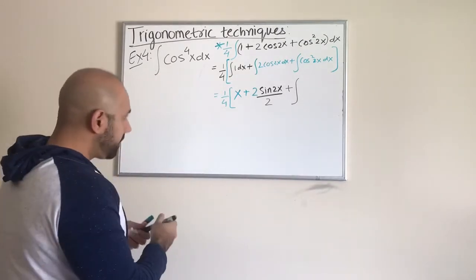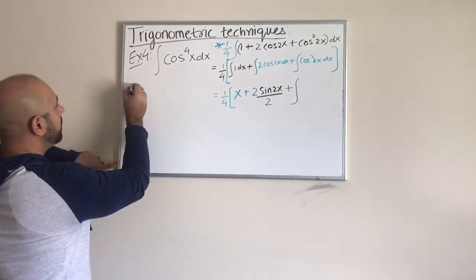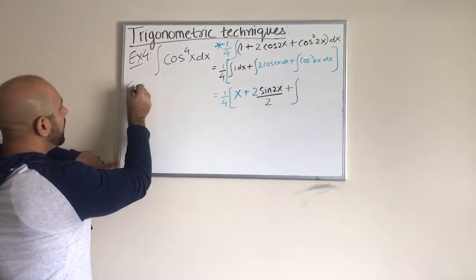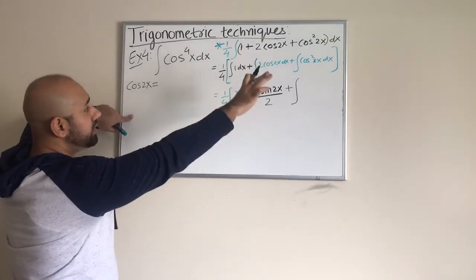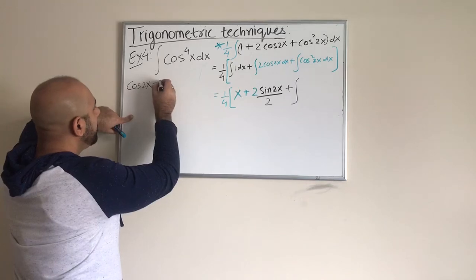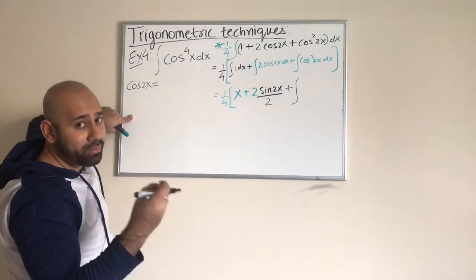Guys, here's the thing. The formula that we need is for cosine 2x, and this is the formula that I had already written on that side. So we know this is equal to, and that is something that you can find on the trig formula sheet.